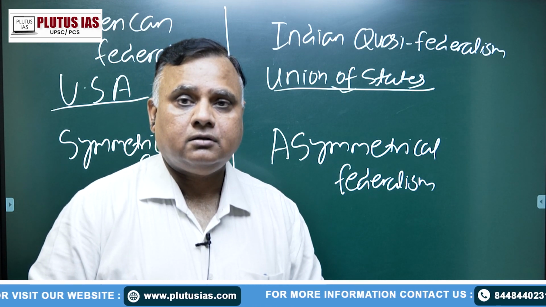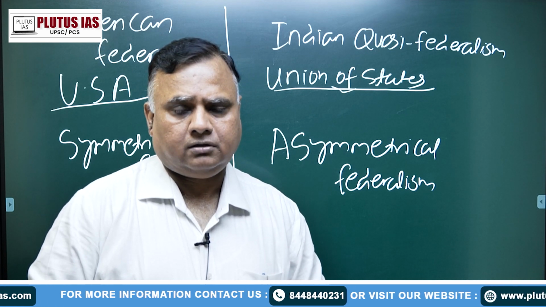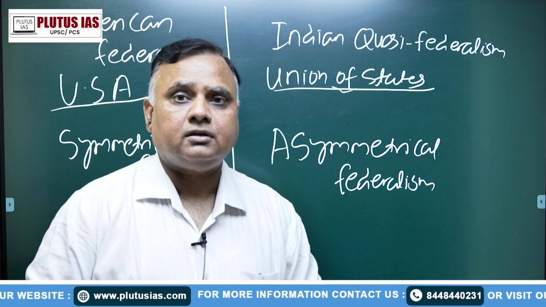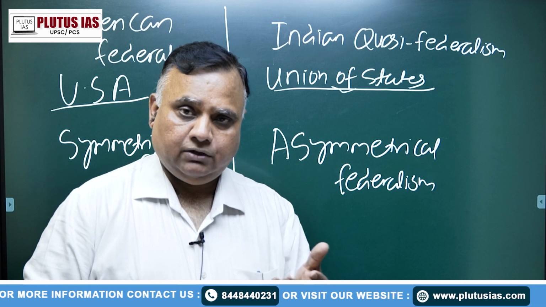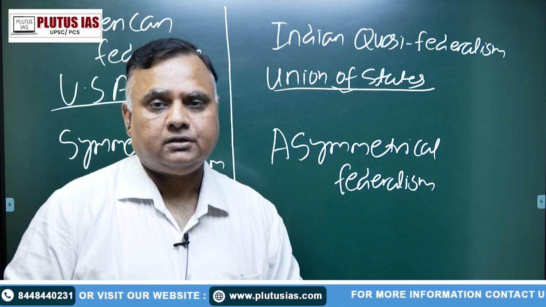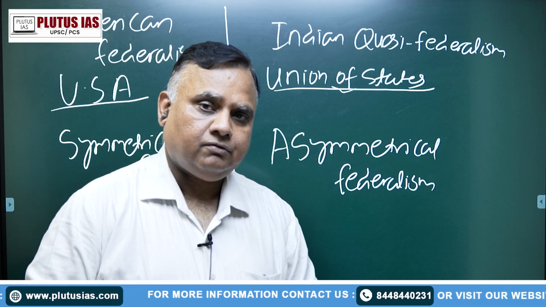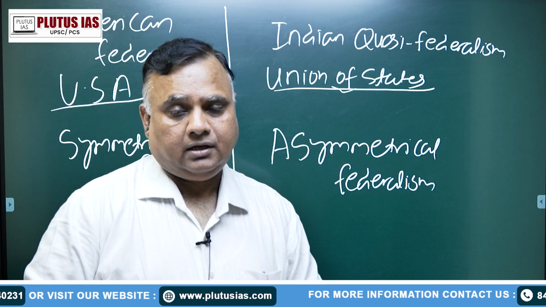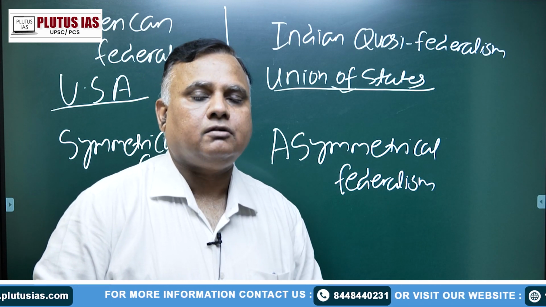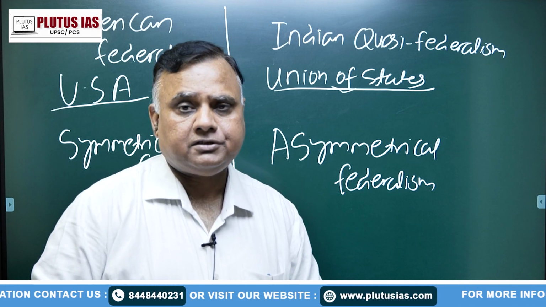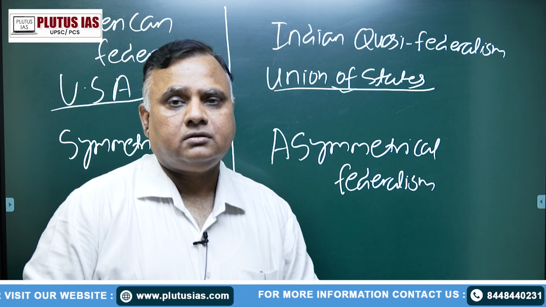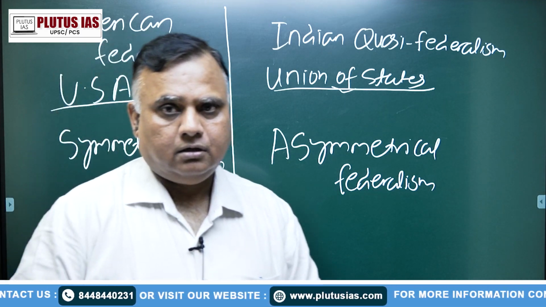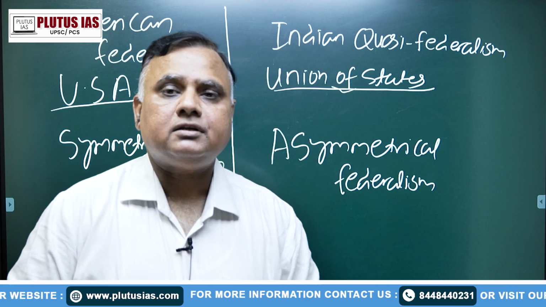Like 371, special responsibility for Maharashtra and Gujarat governors. 371A for Nagaland's governor. 371B for Assam's governor. 371C for Manipur's governor. 371D and E for governors of Telangana for Osmania University. 371F is for the Sikkim governor.